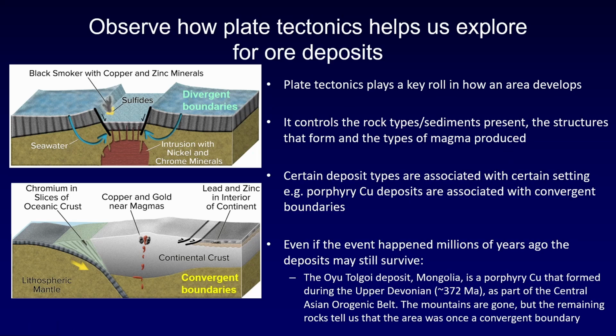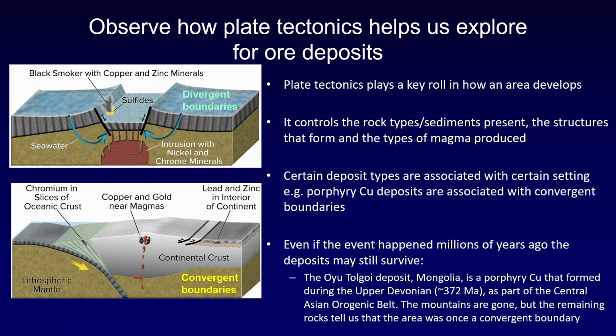So a good example of this is, of course, porphyry coppers, which are associated with convergent plate boundaries. So even if the event that formed the porphyry copper occurred millions of years ago, the deposit may still survive. The classic example of this is the Oyu Tolgoi deposit in Mongolia.